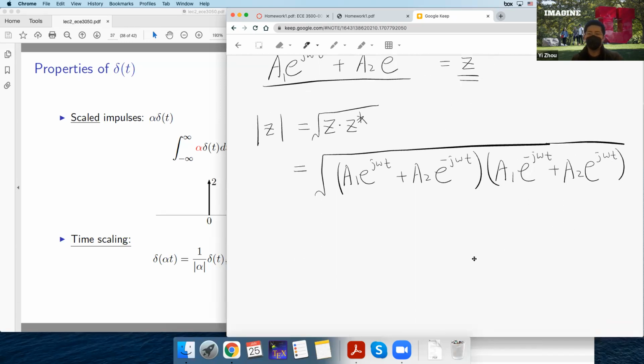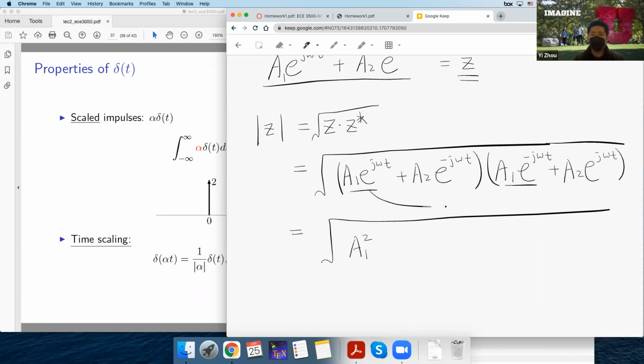So you do this, and then you just do a calculation, and you can see that if you multiply these two, this exponential part will cancel out. So that makes the calculation pretty simple. So you get a1 squared.